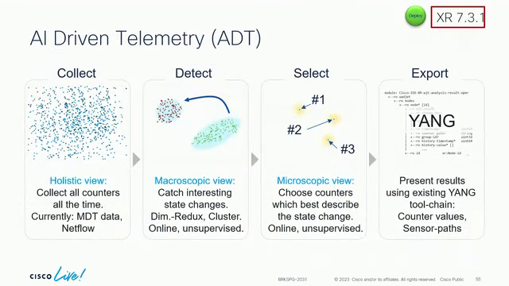As part of the innovation and improvements which we are doing on our devices, we also have some AI-driven telemetry. There are more use cases to explore there, because we can start to expose more data from the box and do correlation between events.